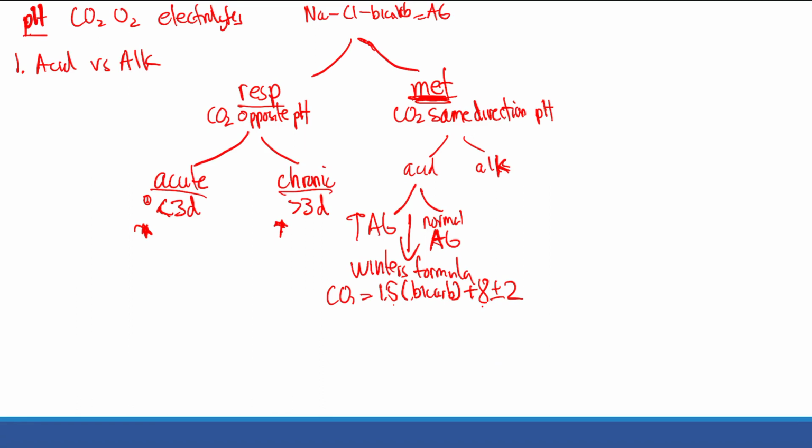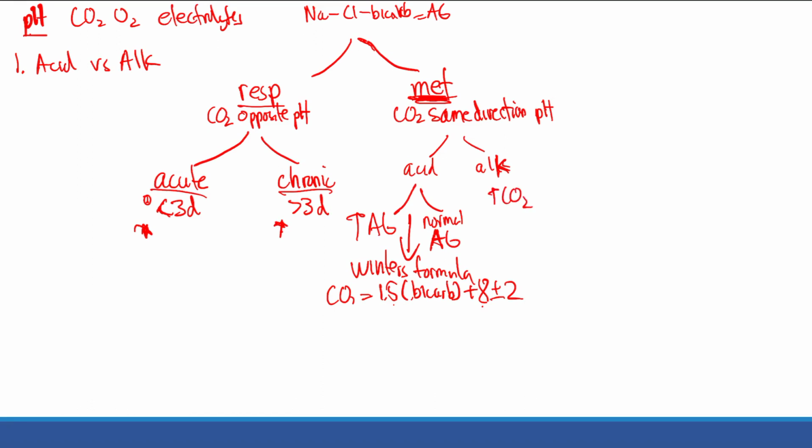Now, that's for metabolic acidosis. For metabolic alkalosis, it's a little harder. There's no specific formula here. But if you have a metabolic alkalosis, how should you compensate respiratorily? How will CO2 change? Well, normally CO2 should increase, right? Compensation will be a CO2 increase.